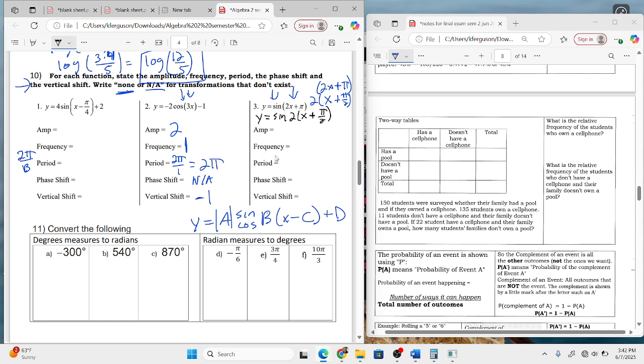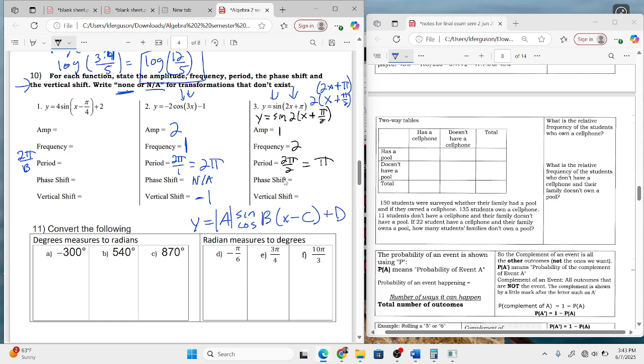That's why we had to do that. So amplitude, what's the amplitude? It's just 1. What's the frequency? The frequency is 2. So now my period is 2 pi over 2. Remember, it's 2 pi over b. B is 2. And see, I can reduce, I can cross off those 2's. So the answer for the period is just pi, right?